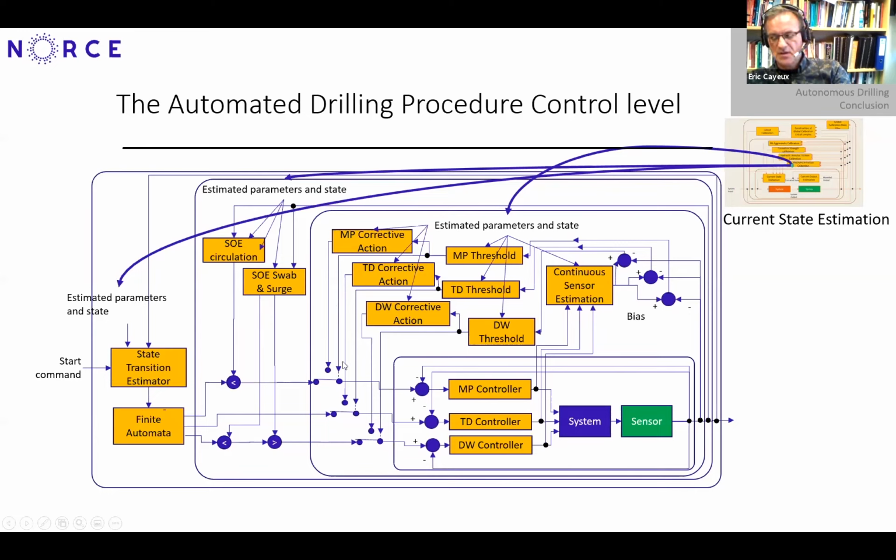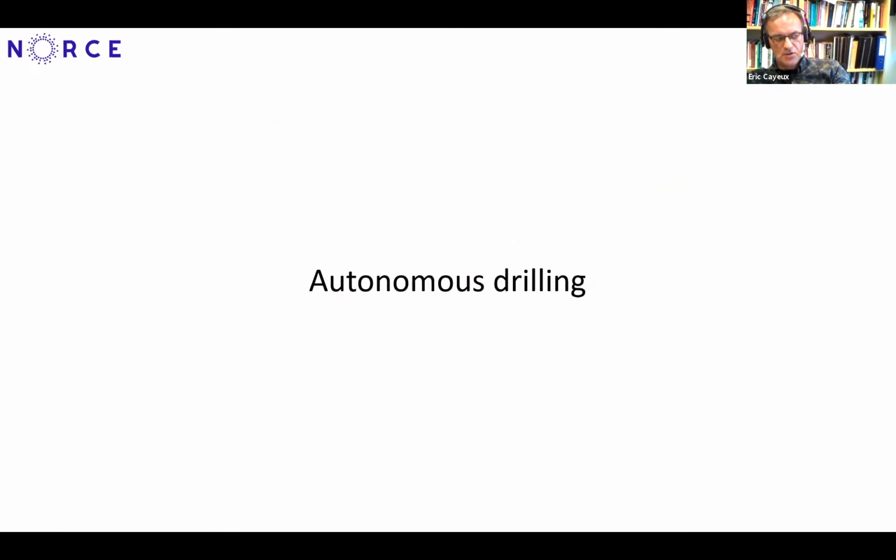And this has been applied in the North Sea for about 4 or 5 years, and the number of sidetracks has decreased after applying this type of methods from 30% of the wells to 10% of the wells. So it has a very strong impact on the safety of the operation, and the performance has increased at the same time.